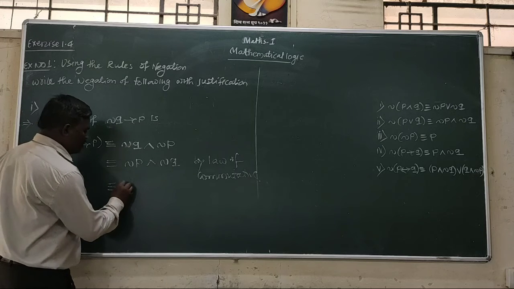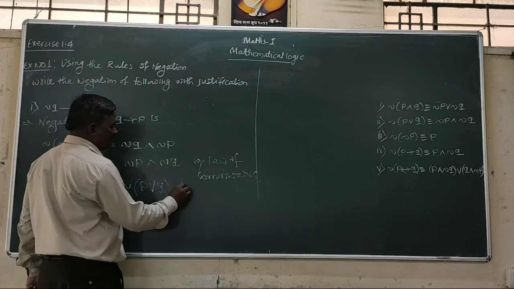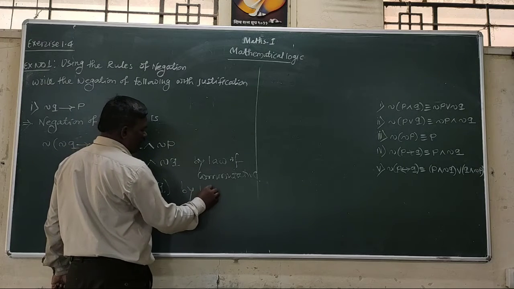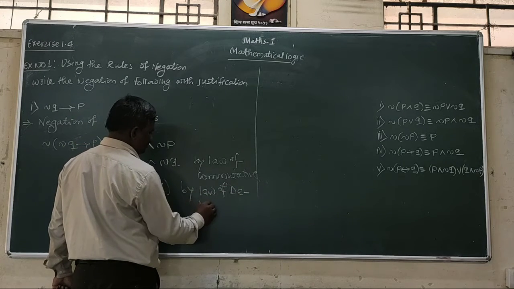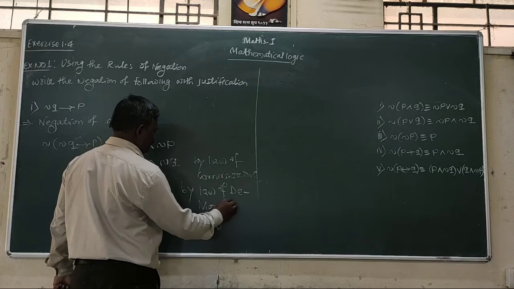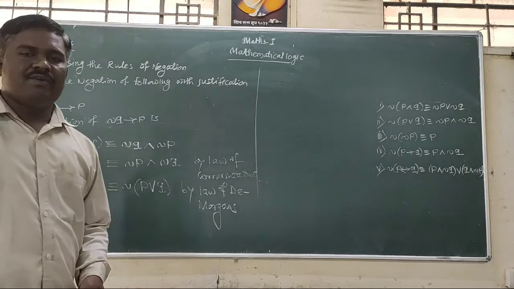Here negation of p conjunction negation of q is equivalent to negation of in bracket p disjunction q by law of determinants. Okay, that is the first example.